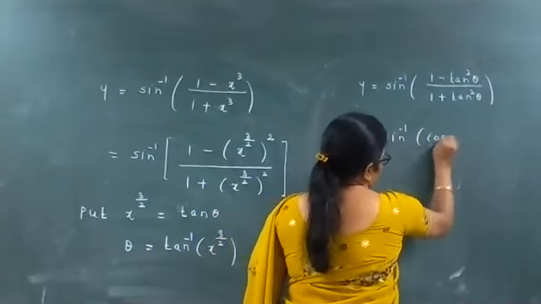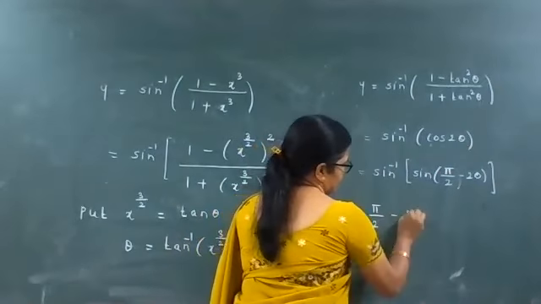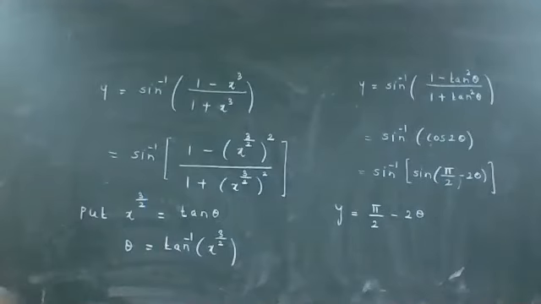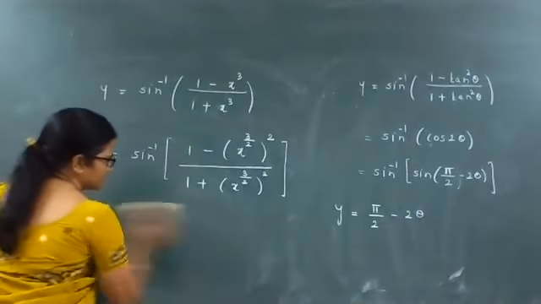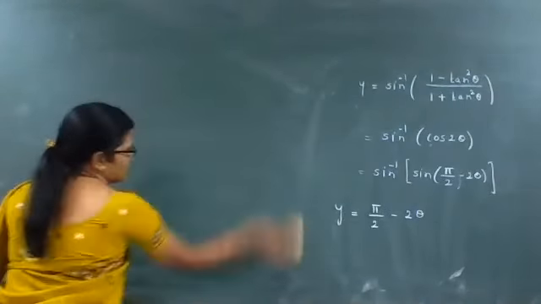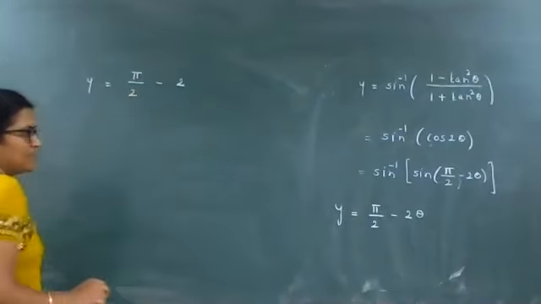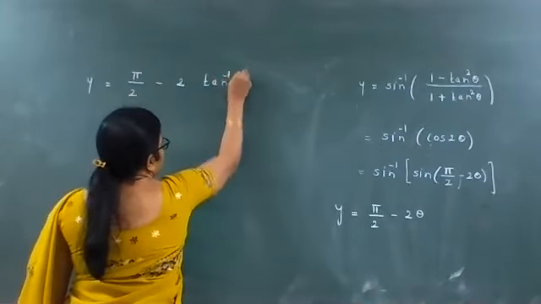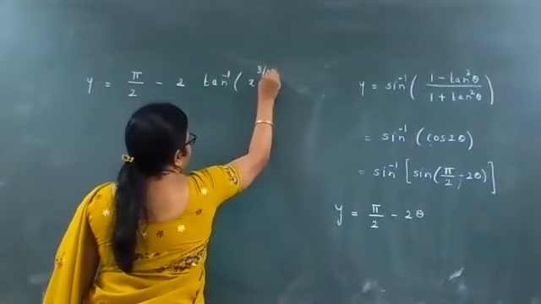So y is coming, right theta now. Y equal to pi by 2 minus 2 times tan inverse x raised to 3 by 2.